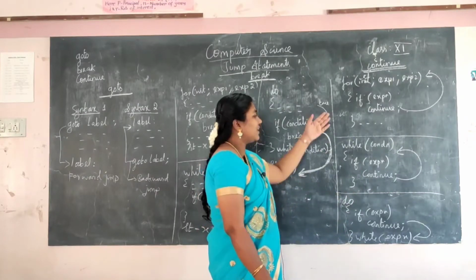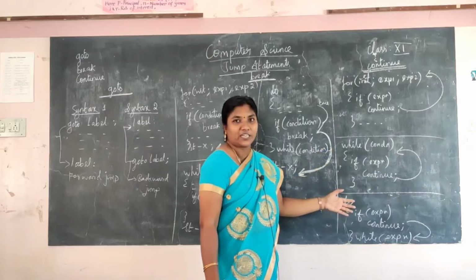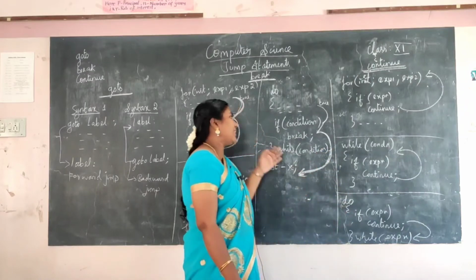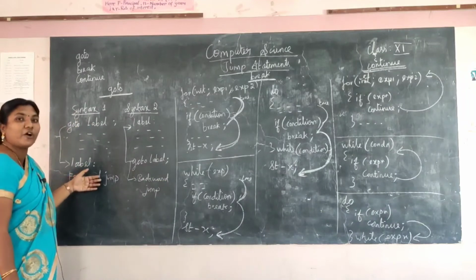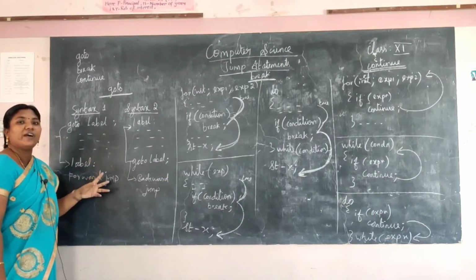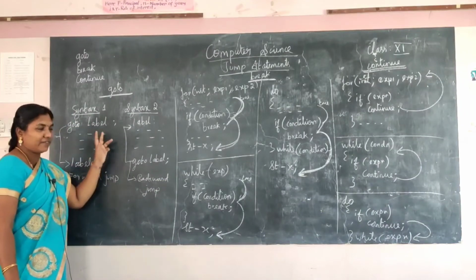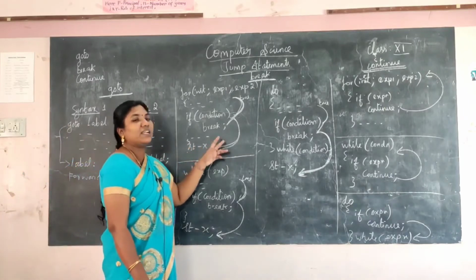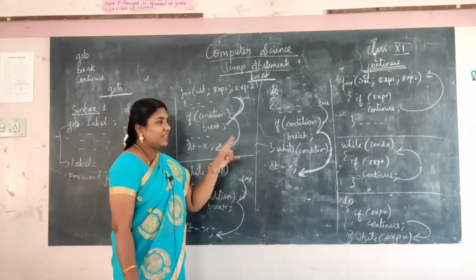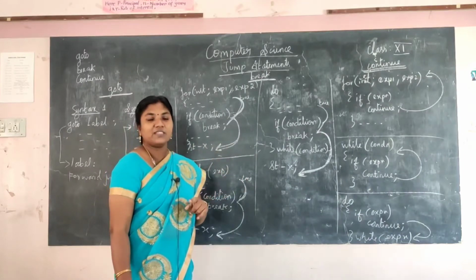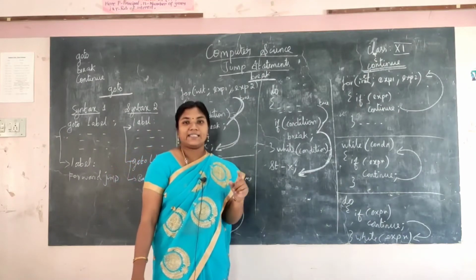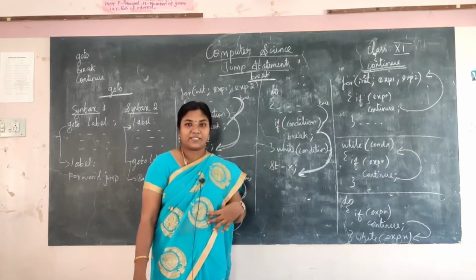Clear? So this is the processing of the continue statement in the three looping structures, and this is the break statement in the three looping structures, and this is the syntax for goto. In goto we have forward jump and backward jump. In the break statement it will just terminate the loop, but in continue it will move to the next iteration. Clear, students?